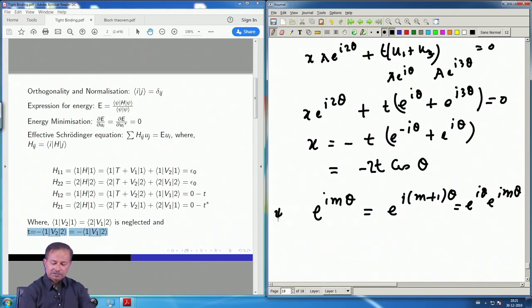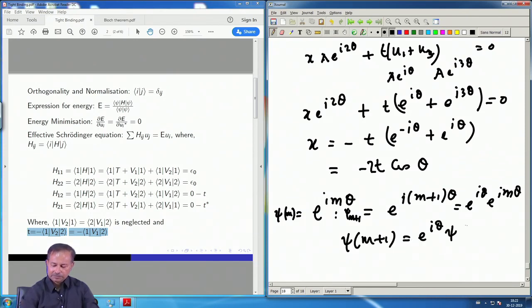So psi at site m plus 1 is e to the power i theta psi of m, exactly what Bloch's theorem tells me: if I move by one lattice spacing, a Bravais lattice vector in one dimension, I pick up a phase of e to the power i theta.